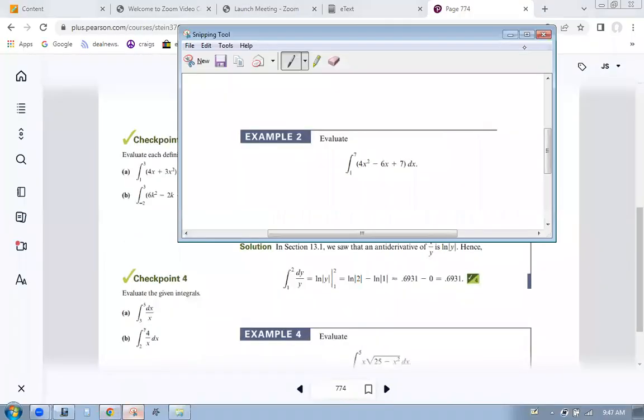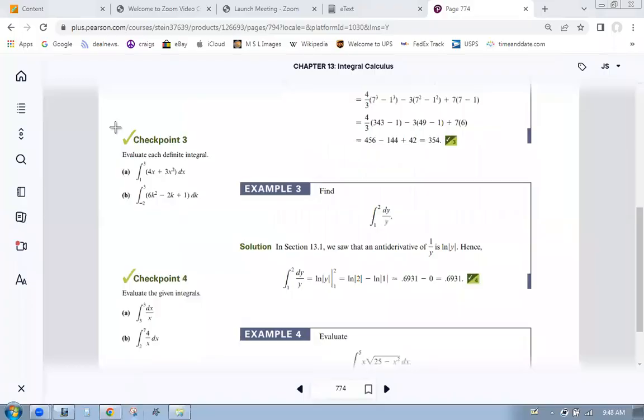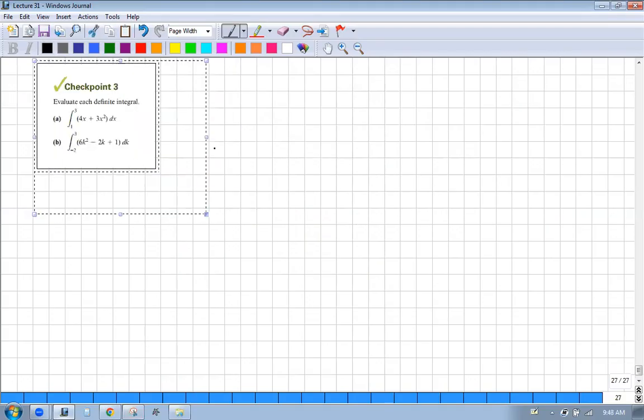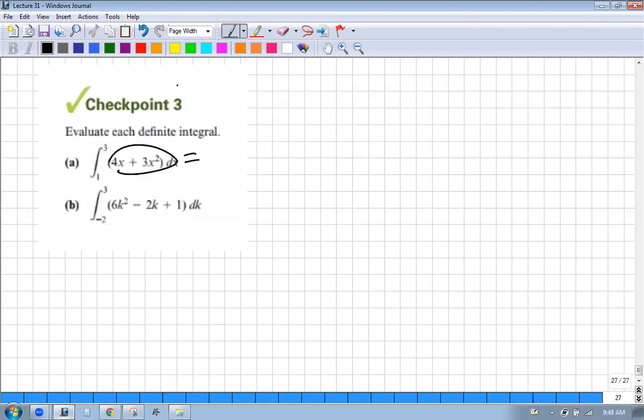Let's do these here since we have 2 minutes left. There we go. So we integrate this. So this guy would give us a 4x squared over 2. This one gives us a 3x cubed over 3. We're evaluating from 1 to 3. So the 4 over 2 is 2.